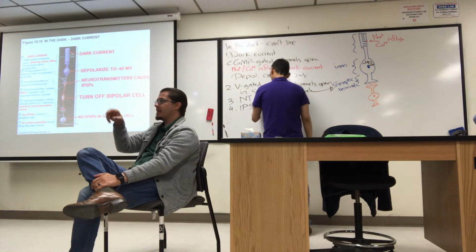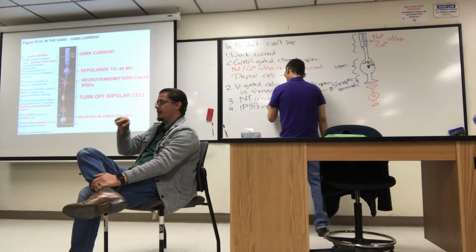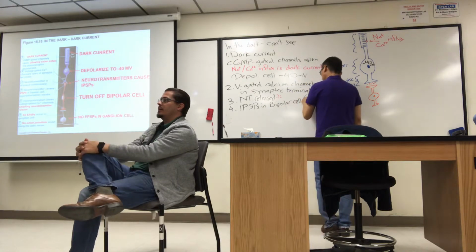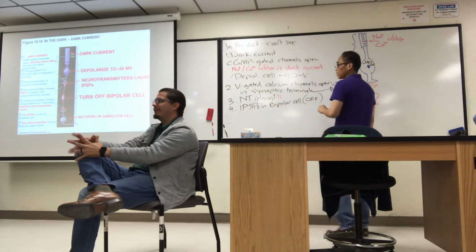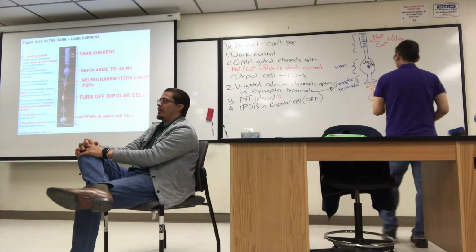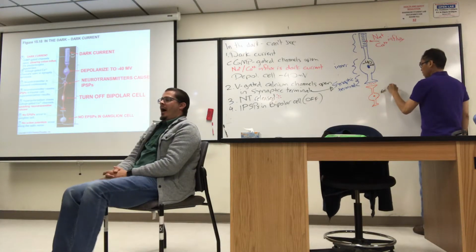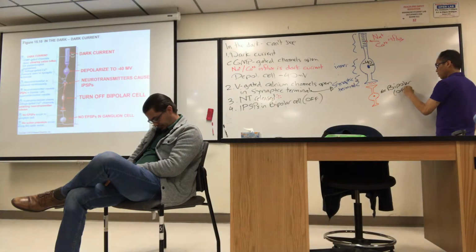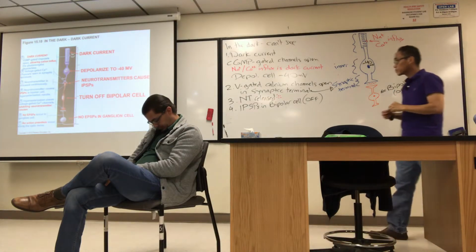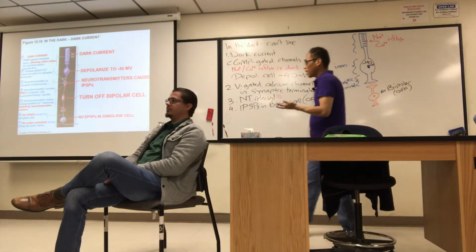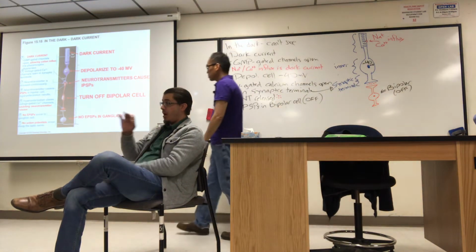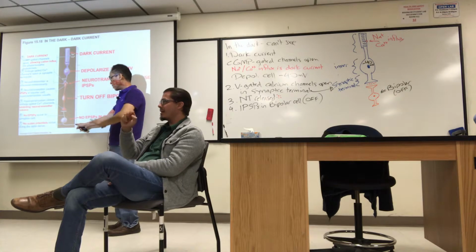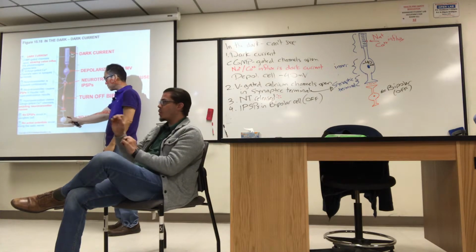IPSPs in the bipolar cell. Basically, it's turned off. Well, if that cell is turned off, there's no EPSPs in the ganglion cell, no action potentials, there's no signal from this cell.